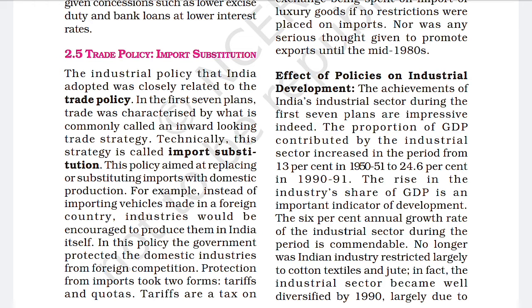Now, what is balance of trade? That is the difference between the goods exported and the goods imported. That is known as balance of trade. At the time of independence, the balance of trade was also not so good for India. It is quite unfavorable for Indian industries.